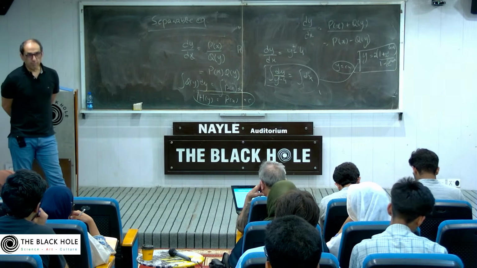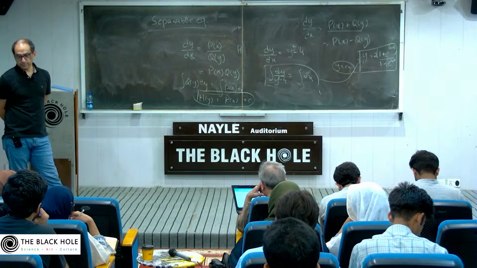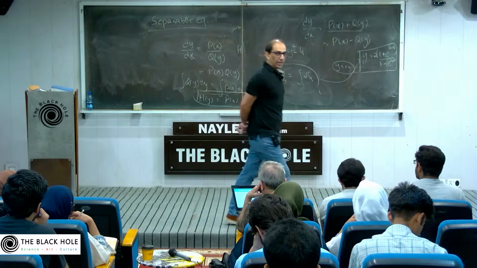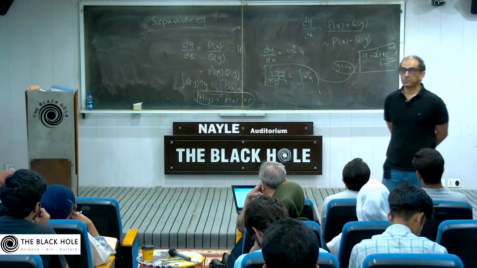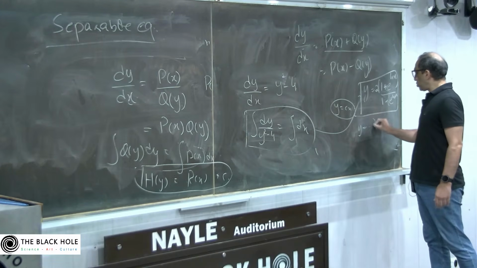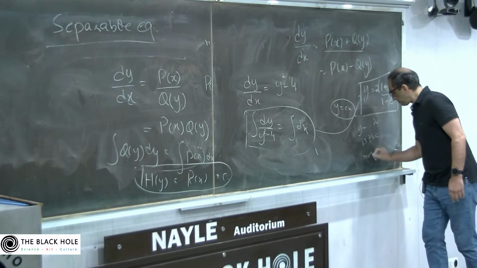You can't obtain minus 2 from this general solution. So a solution which cannot be obtained from the general solution is called what? Singular solution. Excellent. So y is equal to minus 2 is the singular solution.